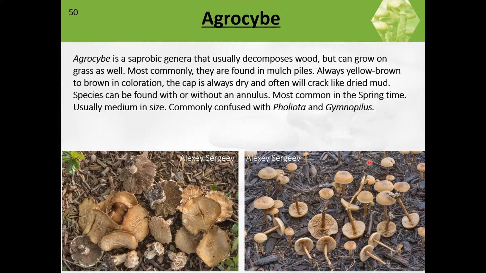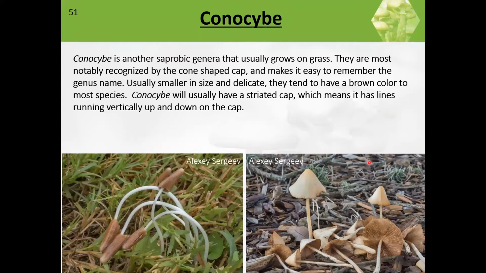They are usually confused with Pholiota and Gymnopilus, which I will cover in a little bit. So Conocybe is usually smaller in stature. They're a little bit fragile, and the stem is usually slender. As you can see, this one on the left is having a hard time standing up.